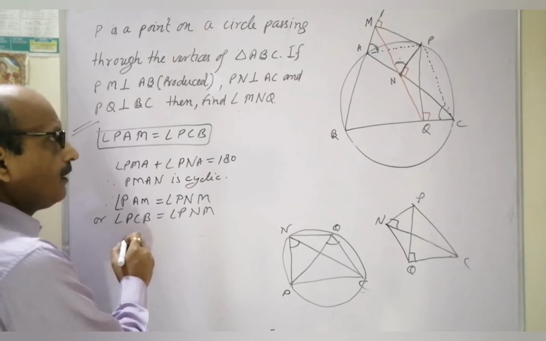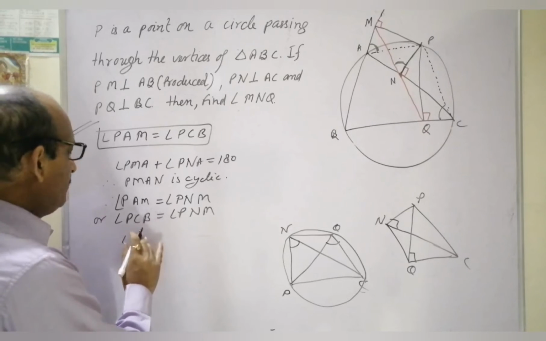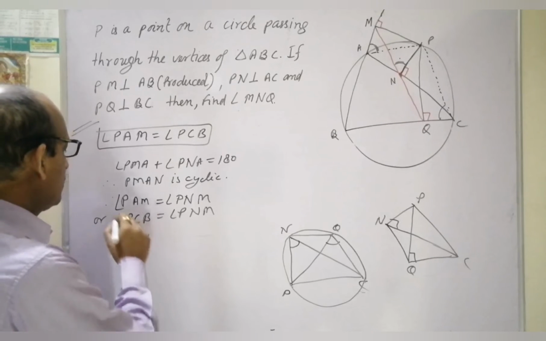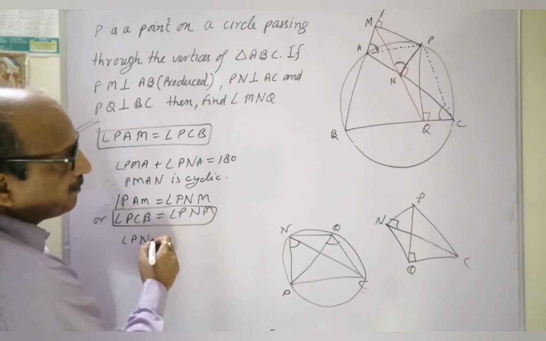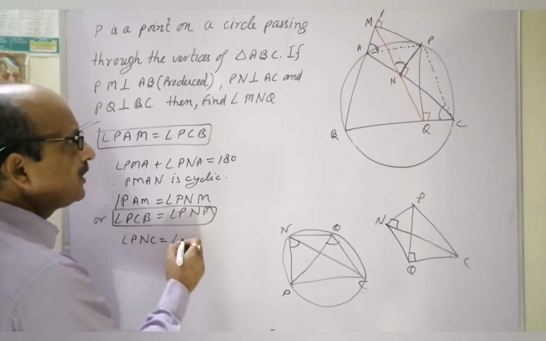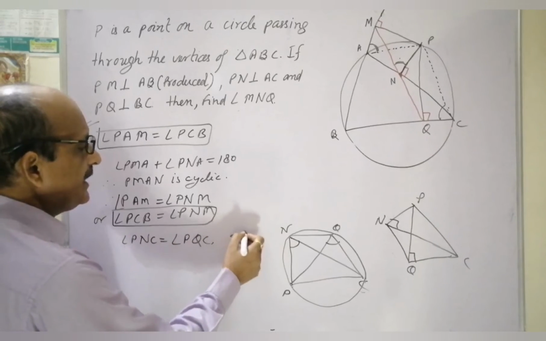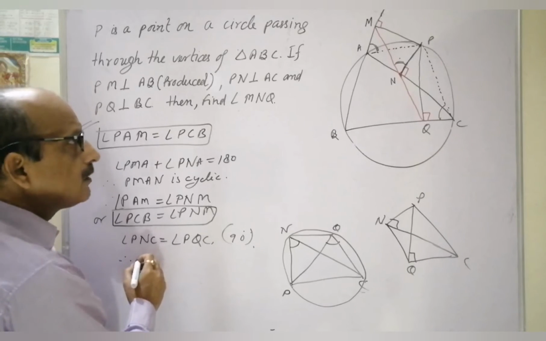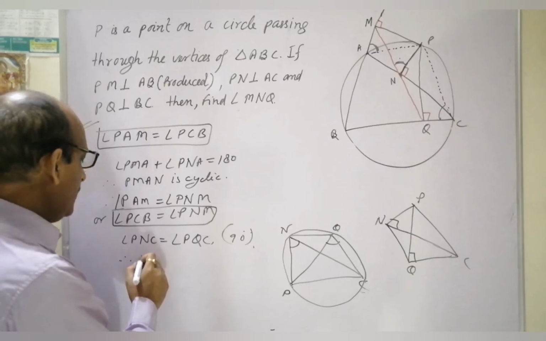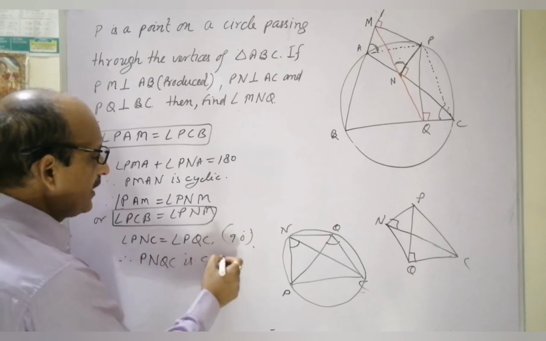We'll write here: angle PNC is equal to angle PQC, 90 degrees each. Therefore, PNQC is again cyclic.